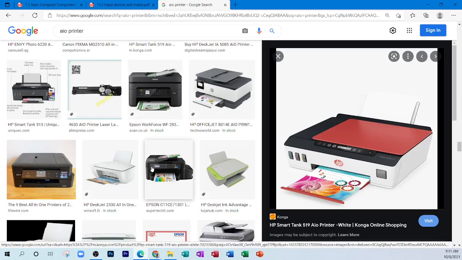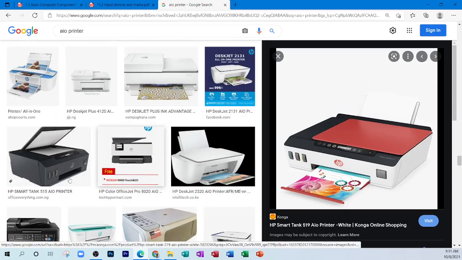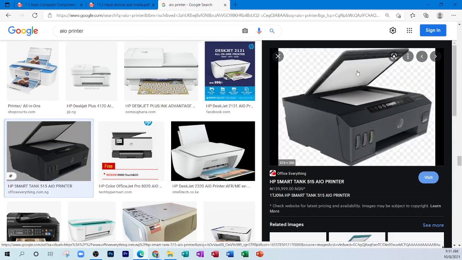I feel like I'm going through the same images over and over. Either way, oh, this one here. So this cover here would raise up and you would see a flat surface underneath, and that is your scanning area. That's your document scanner.